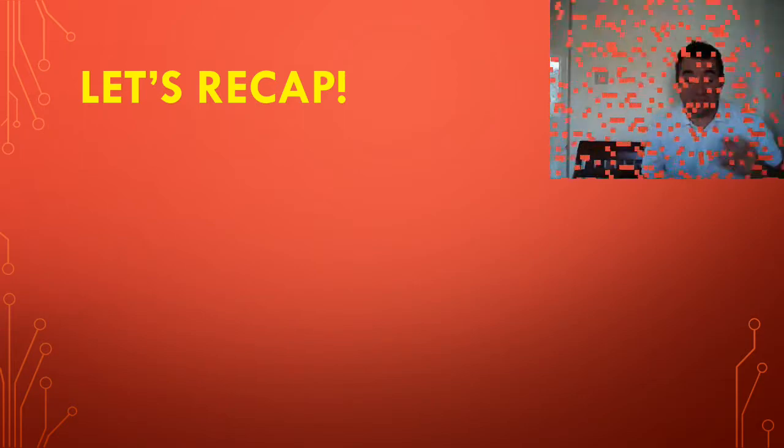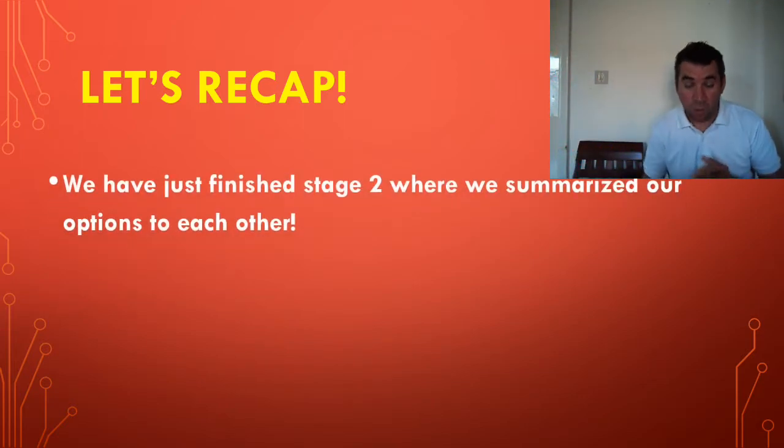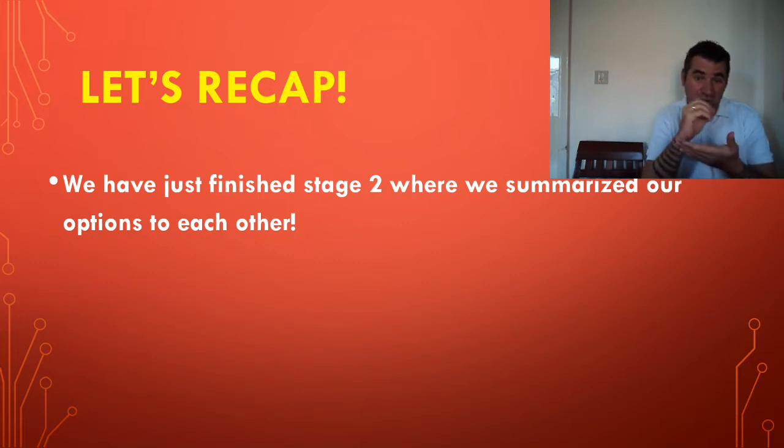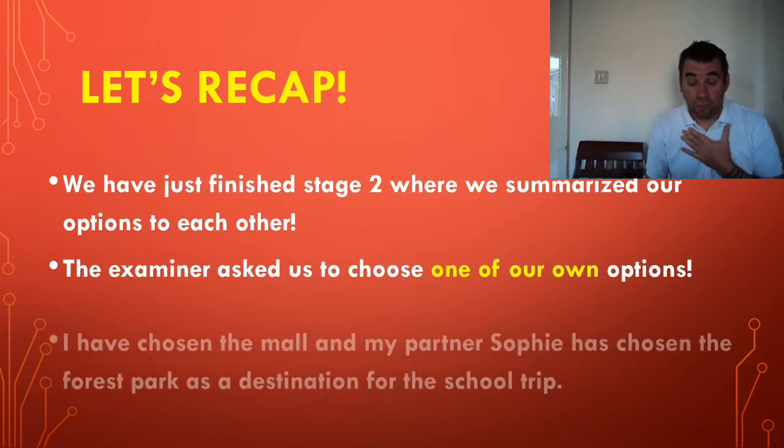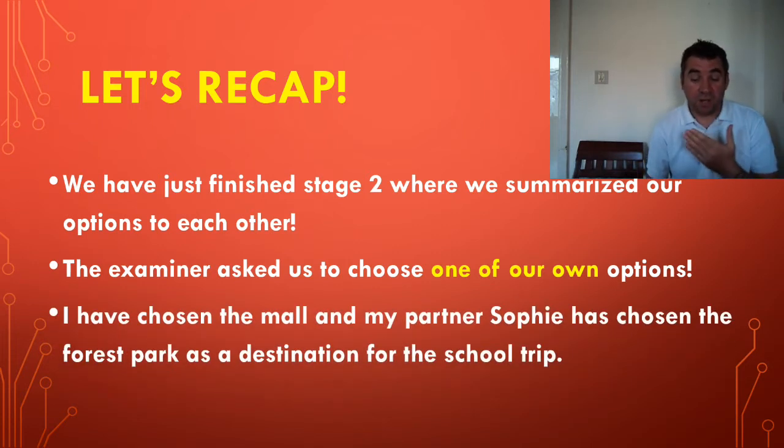Okay, so we've just finished stage 2 where we summarized our two options to each other, and we took notes on each other's options. The examiner asked us then to choose one of our own options. I have chosen the mall, and my partner Sophie has chosen the forest park as a destination for the school trip.